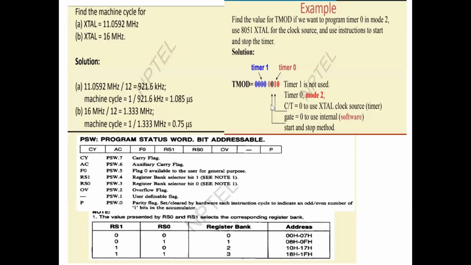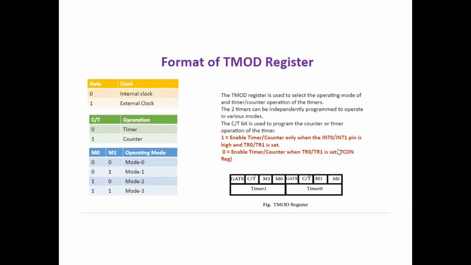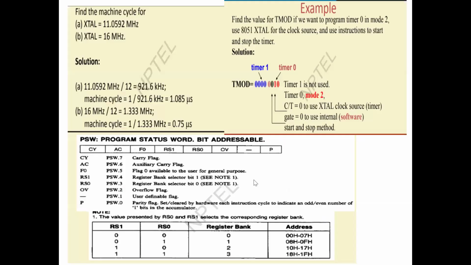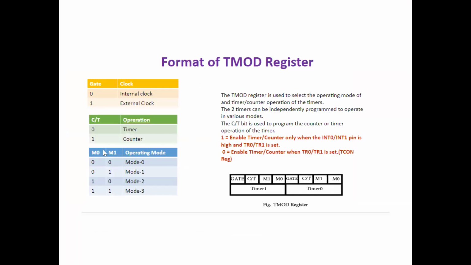Actually, I think this is a small mistake. C slash T bar: 0 will be the counter operation and 1 will be the timer operation.